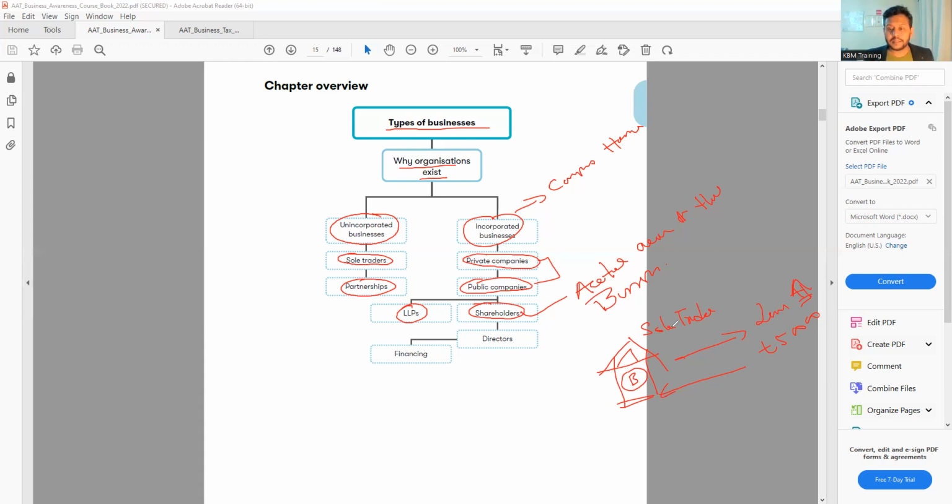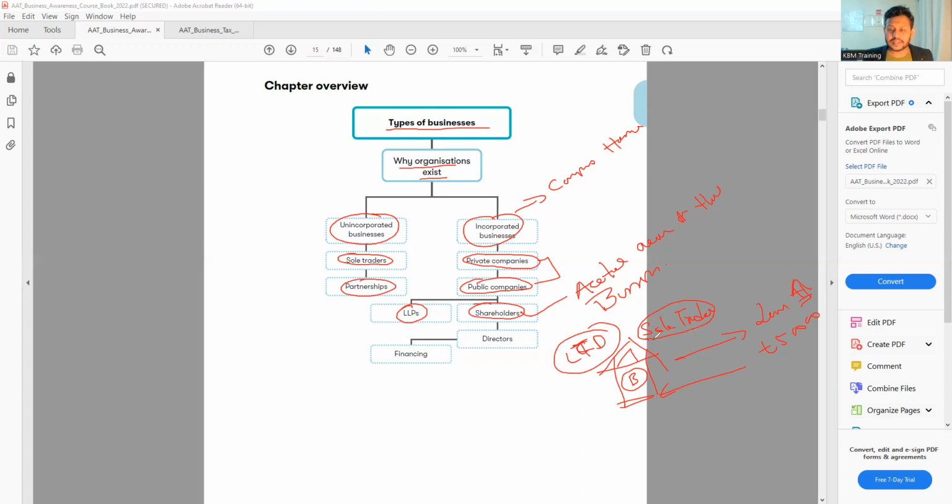But think about not a sole trader. If it is a limited company or LTD, then my liability will be limited. This is the main advantage of the limited company. So my liability as a shareholder will be limited. What does that mean?